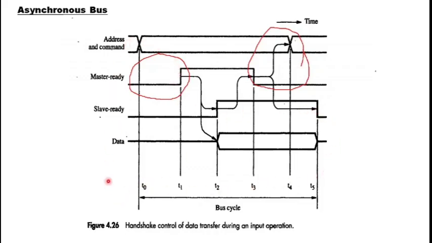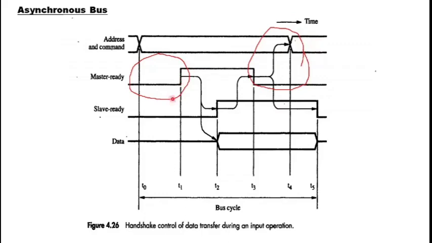In case of an input transaction, you have to understand that there is a problem of skewing of signals over here and over here, and it is mainly dealt with by the master. And how will it deal with the skewing problem? It will delay the master ready signal, or delay the address and command signal, so that every slave has got a uniform view.